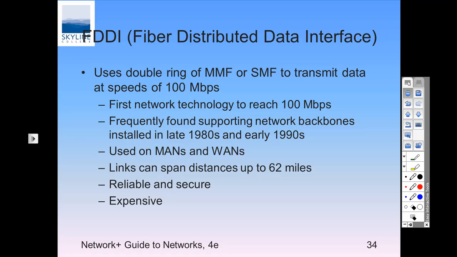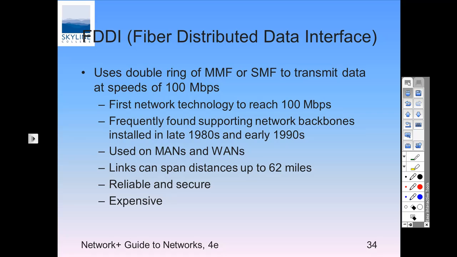FDDI uses a double ring, multi-mode fiber or single mode fiber, and that's going to affect the speed. Different light frequencies are really modes. A mode is a path. So do we have multiple paths or single paths? And we probably don't want to get into that.